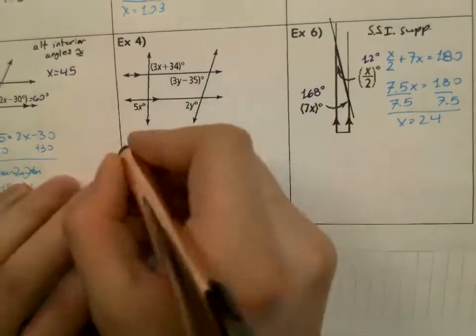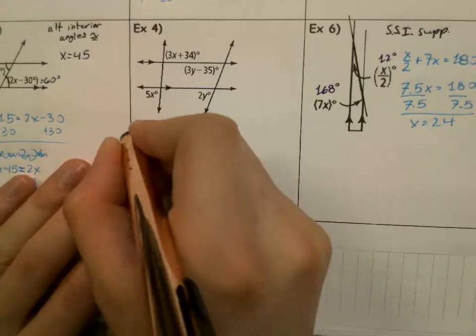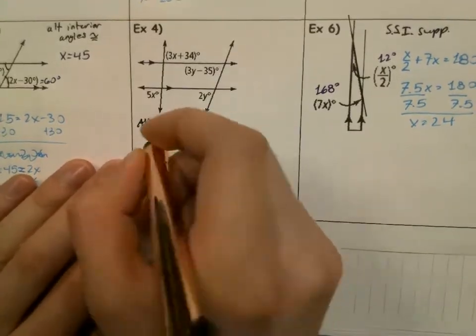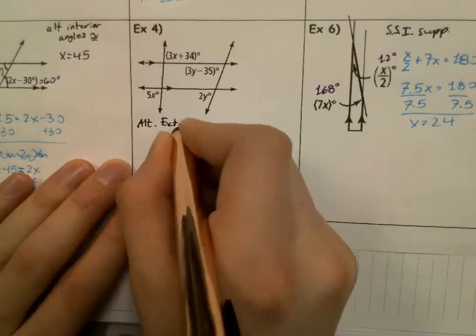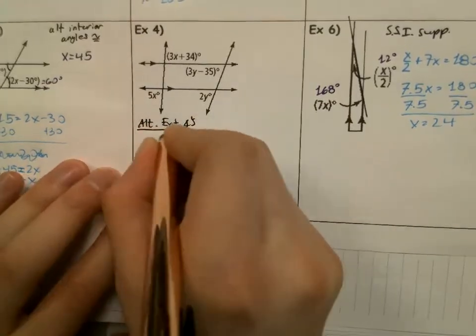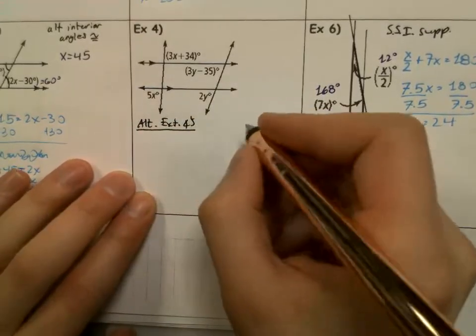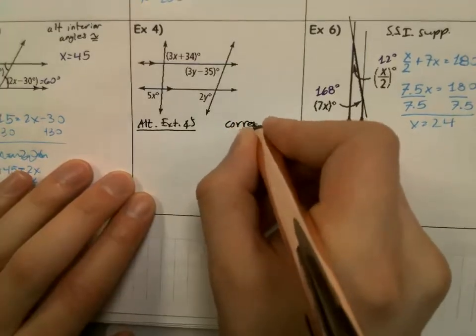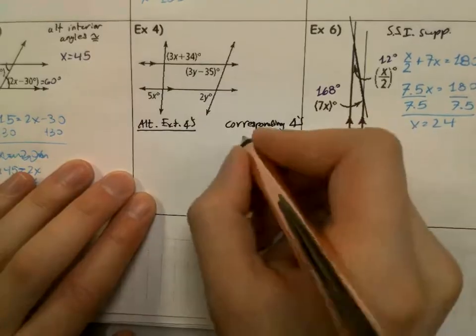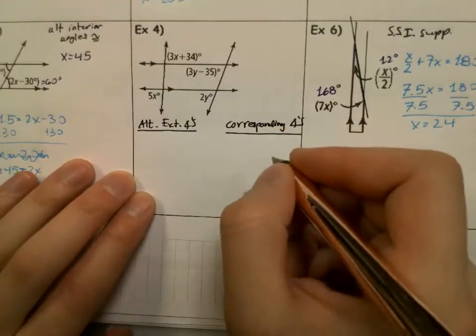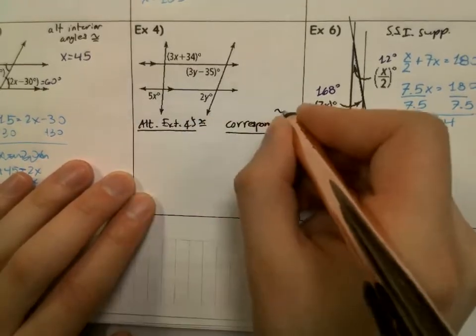The first thing we have, I'll write it down here, is alternate exterior angles. We also have corresponding angles. Okay? Both of which are congruent.